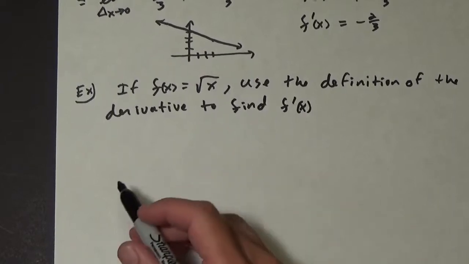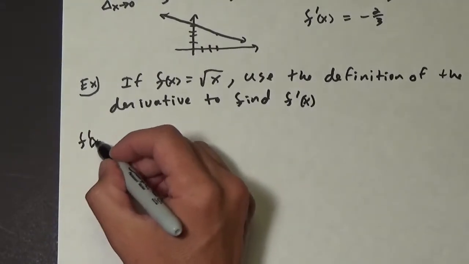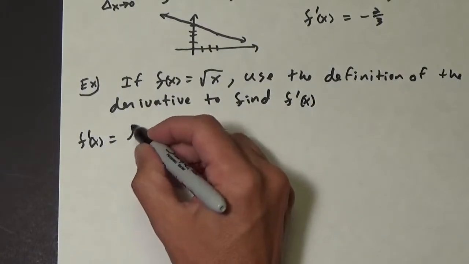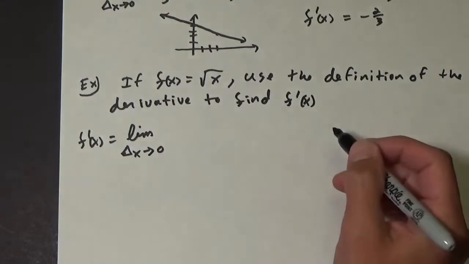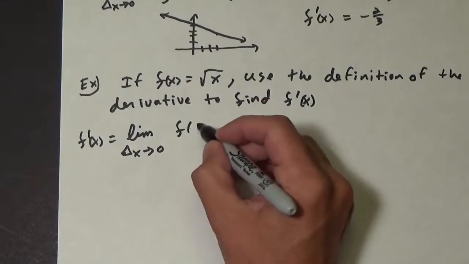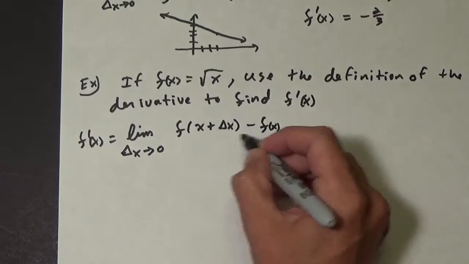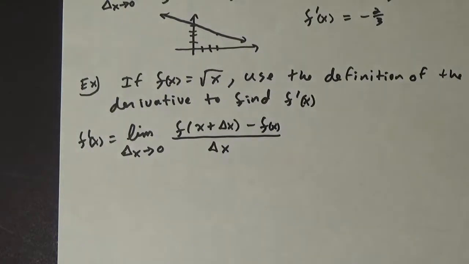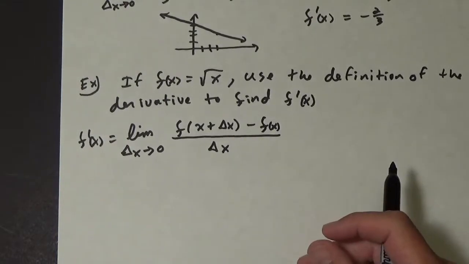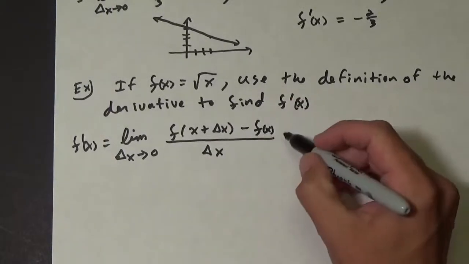Okay, so let's go through the same process. We know that f prime of x equals the limit as delta x approaches 0 of f of x plus delta x minus f of x all over delta x. So this time I'm just going to put this equation straight into my limit.